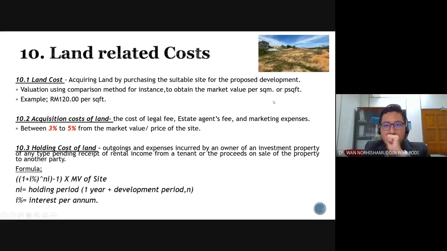For development land, normally we will use the per square meter or per square feet basis. For agriculture land, we will use per hectare or per acre basis.